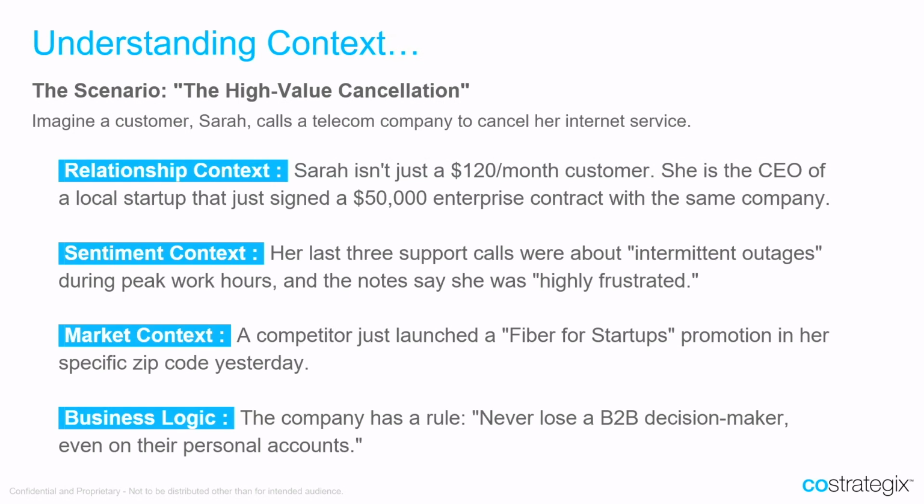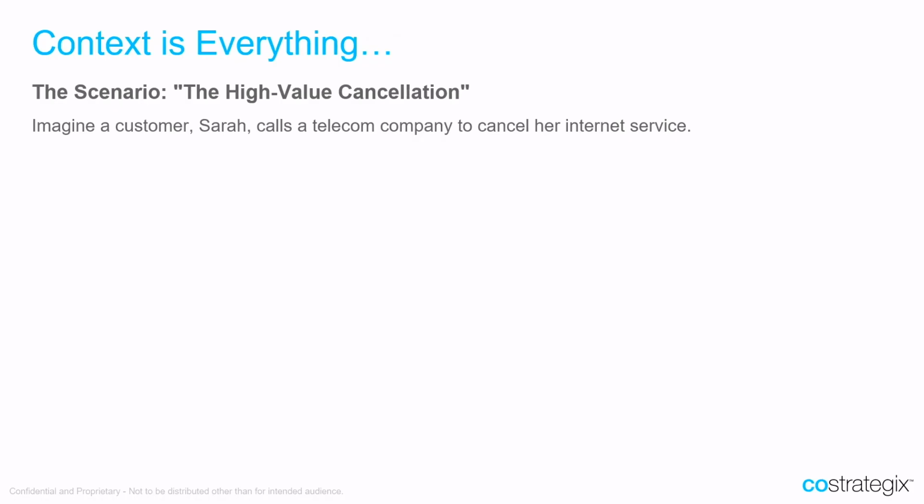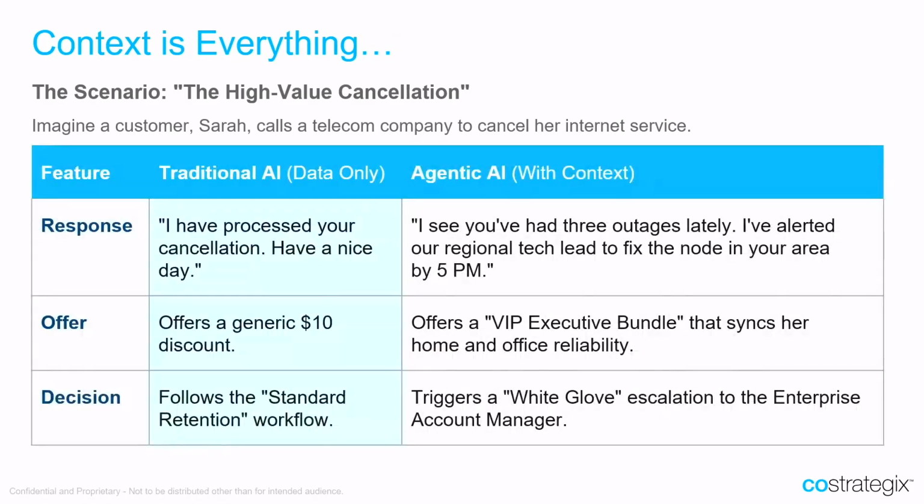Data is a snapshot, it may not be real time, and you may not even be capturing context in so many instances. So context is everything. With context and without context, how does that go? Traditional AI: I've canceled your service. Here's a generic $10 discount, or follow a standard retention workflow, right?